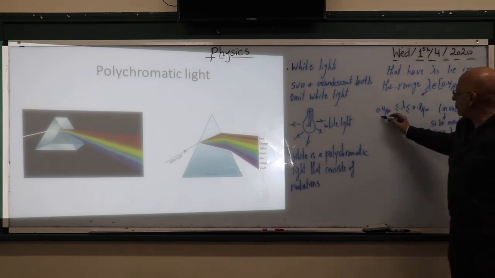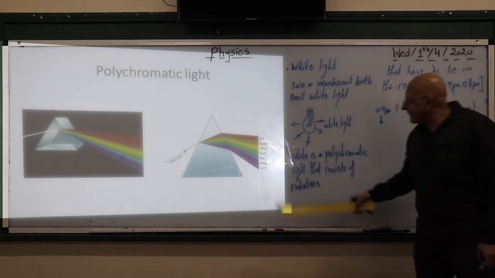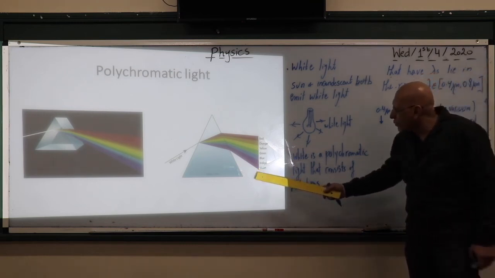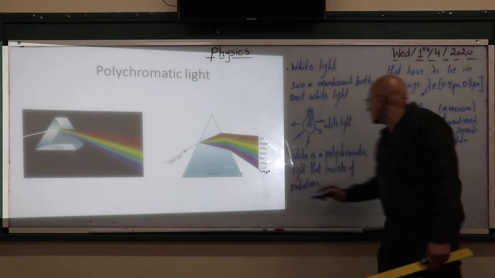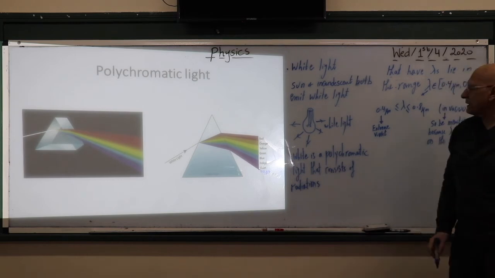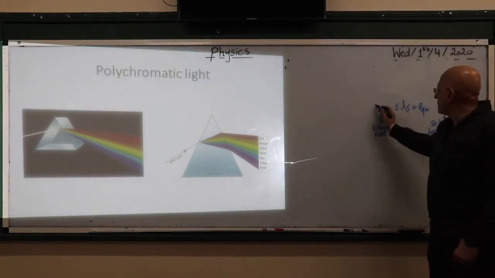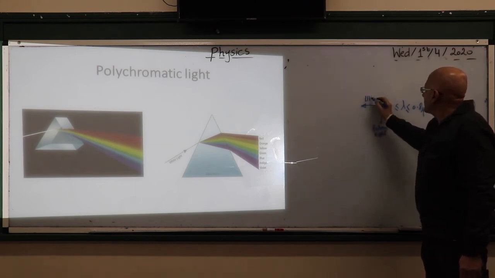What does 0.4 represent? 0.4 represents the lighter violet, this one here. This 0.4 micrometer I call the extreme violet, meaning the minimum limit. Now below 0.4 you have ultraviolet.